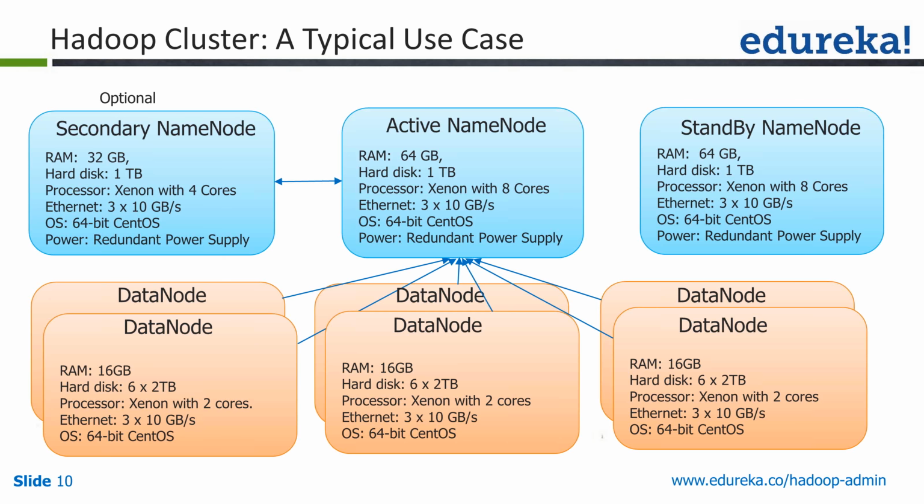What is the reasoning and motivation behind that? This is a typical cluster use case where the master daemons, like the active NameNode and standby NameNode, have more RAM and less hard disk compared to the DataNodes, which are more about storing data.